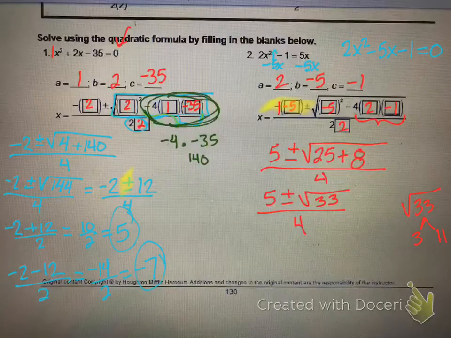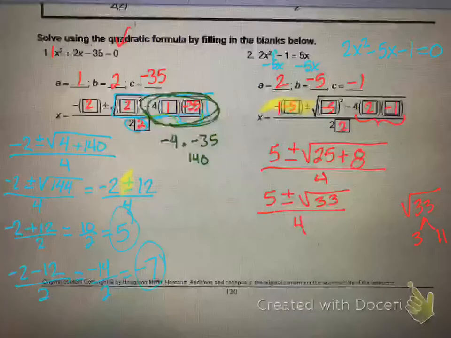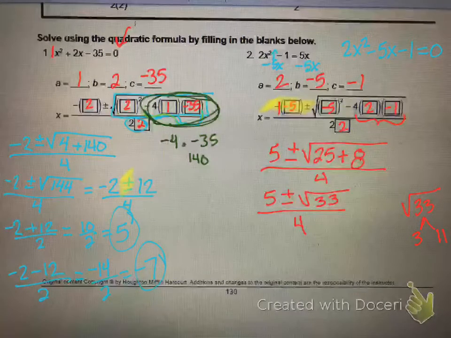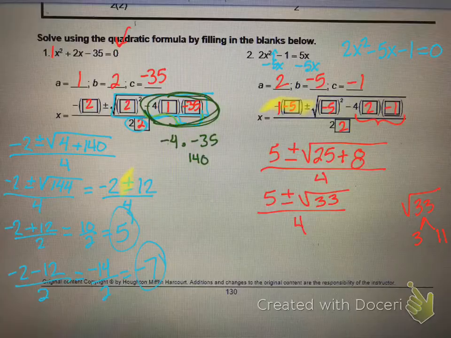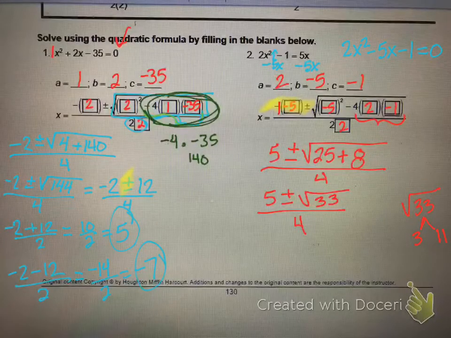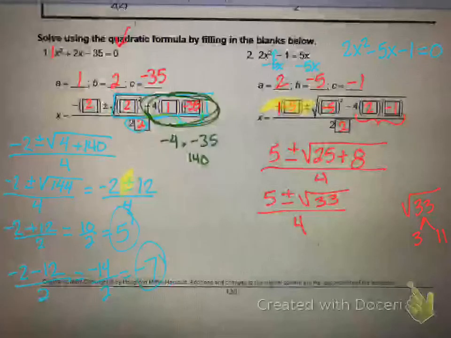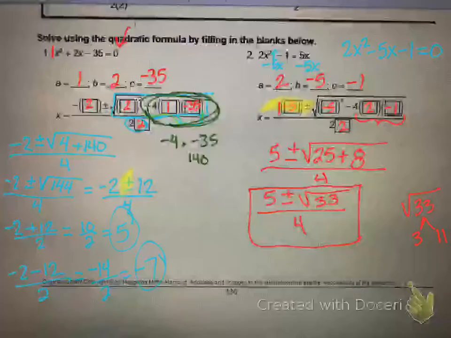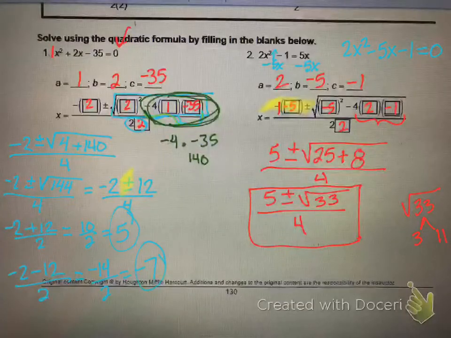The only thing that can divide 33 is 3 and 11. I can't break either one of those down any further since they're both prime numbers. So there are no pairs. Normally I would look for a pair of numbers and put that number on the outside. I can't do that. So square root of 33 cannot be simplified. And that whole thing is my final answer.